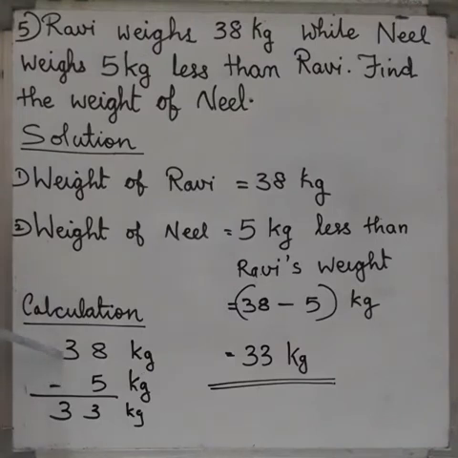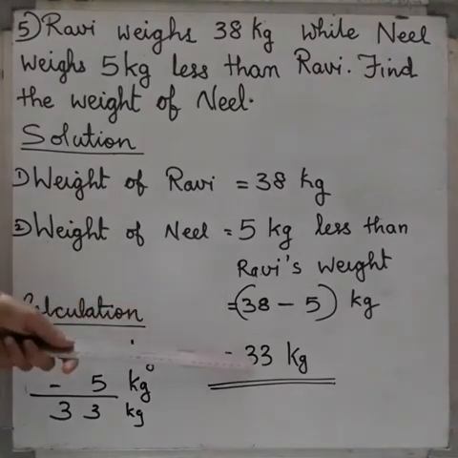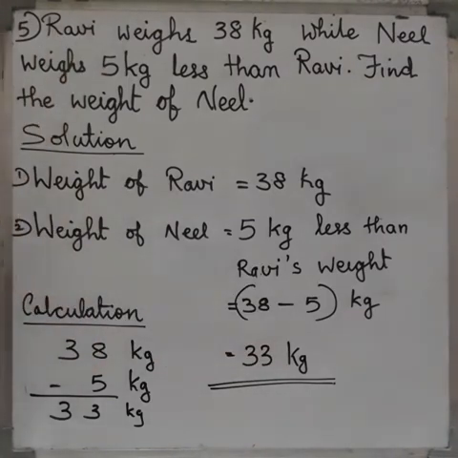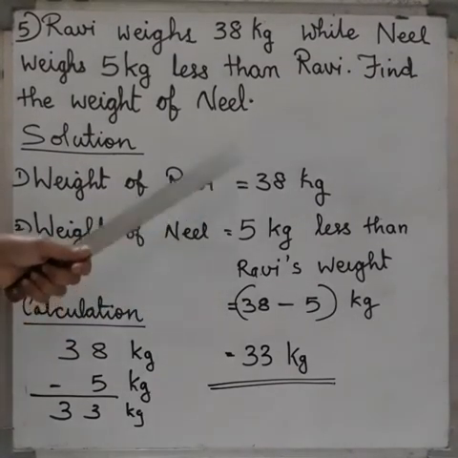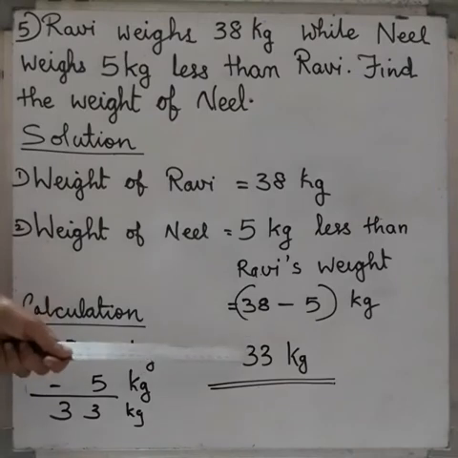So, we have to write this 3 here. Now, the answer is 33. 38 minus 5 is 33. So, the answer we are getting is 33 kilogram. Weight of Neil is 5 kilogram less than 38 kilogram. That is 33 kilogram. Okay.